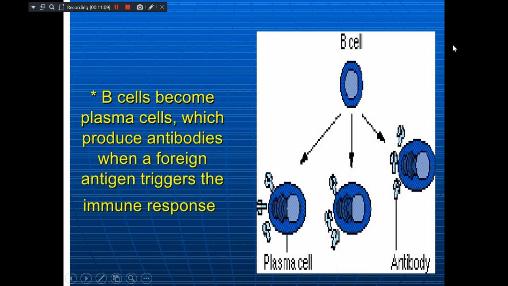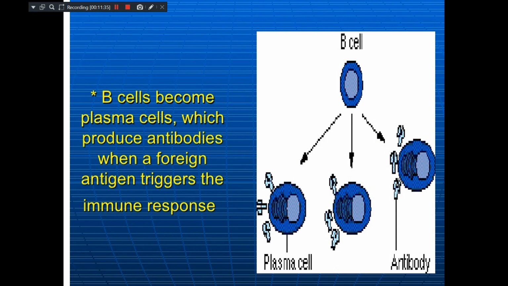So you see here, the B lymphocytes become plasma cells, and once they become plasma cells, they produce the antibodies. Only when the B lymphocyte binds with the antigen, it turns into plasma cells, and the plasma cells will go on producing the antibody and it triggers the immune response.